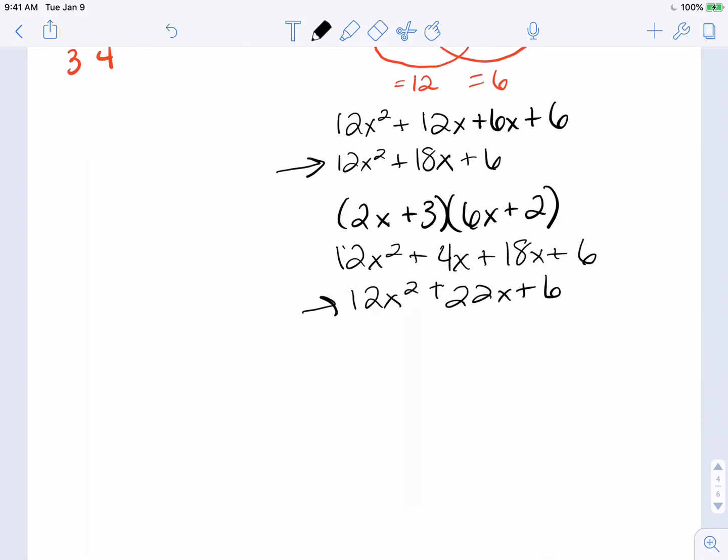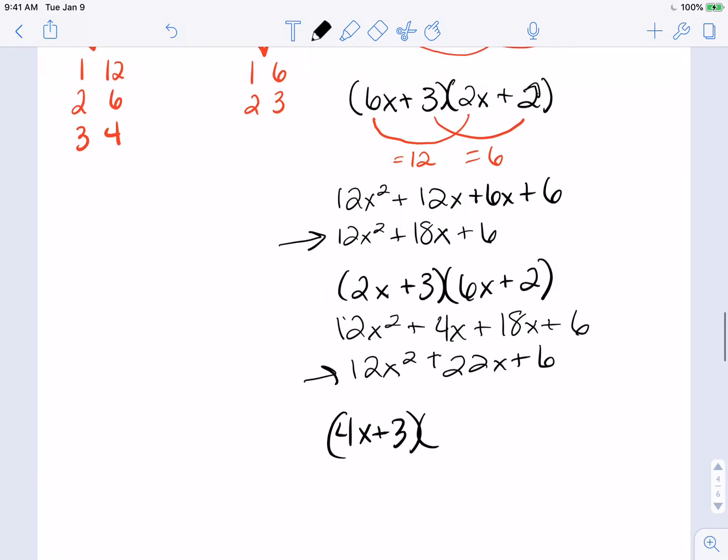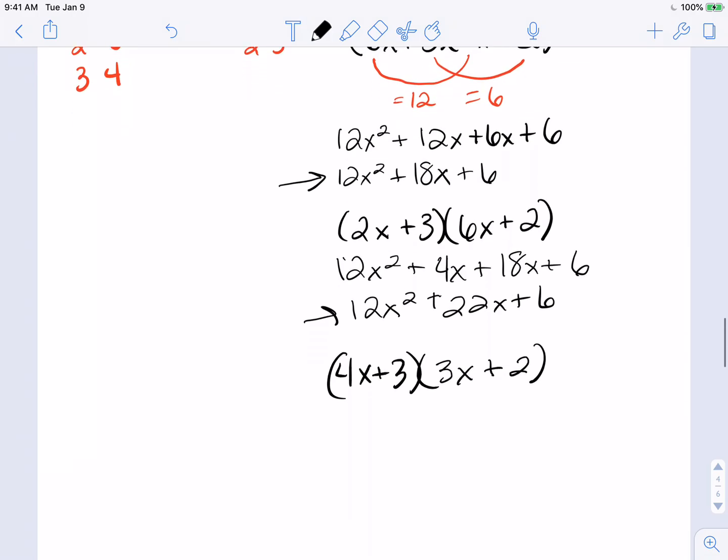So let's try 4x plus 3 and 3x plus 2. It's a little harder with a number like 12 where they have multiple possible factors for you to use.